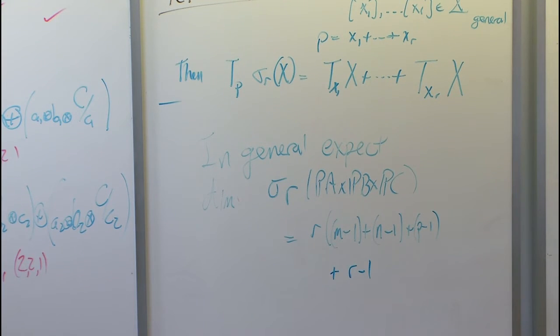That's what I expect the dimension is supposed to be. So before I say how many, I think I'll hold this till next time. Let's say the expected rank of a given tensor.